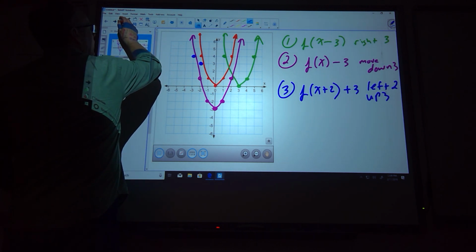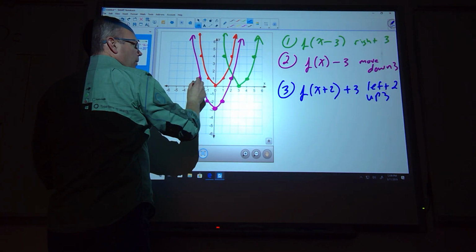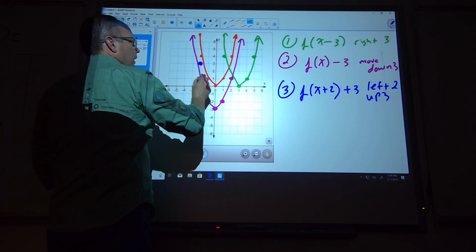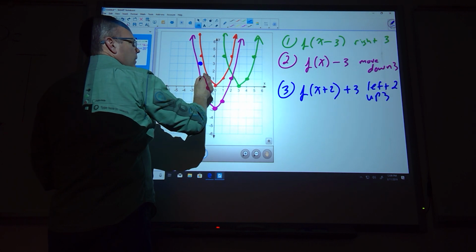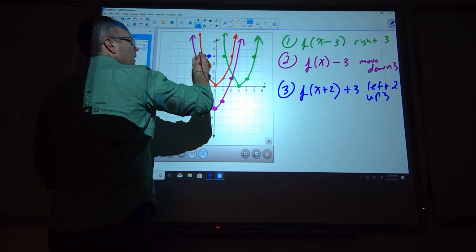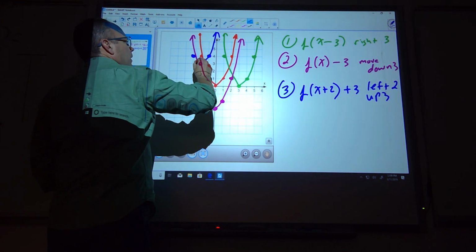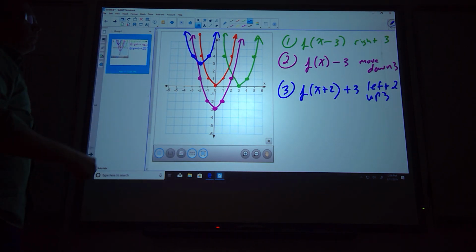Oh, I'm sorry. All right. So going from here, I'm going to go left 2, up 3. That was right. Okay. Left 2, up. Yeah, I was right. And I can't even graph any more points because it's going to go right off the grid. So from the red to the blue, I had to shift left 2 and up 3.